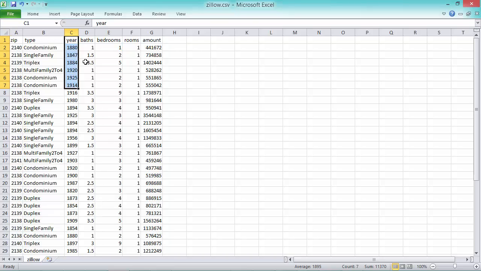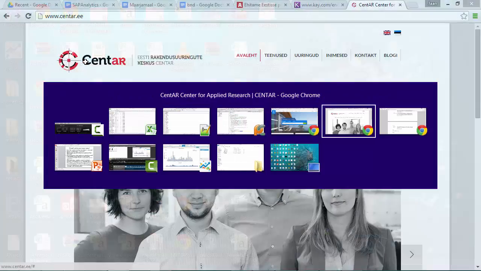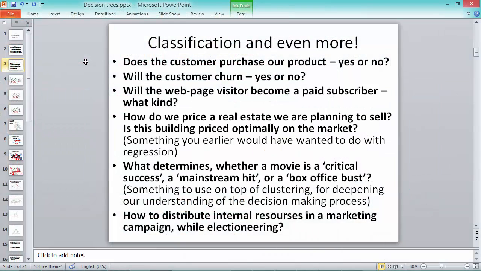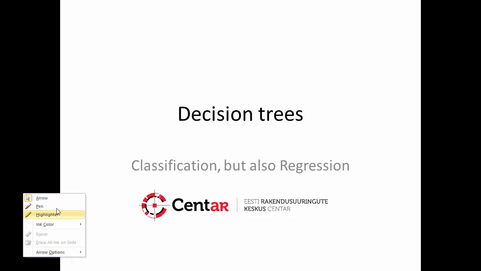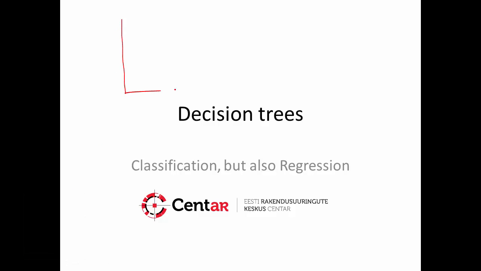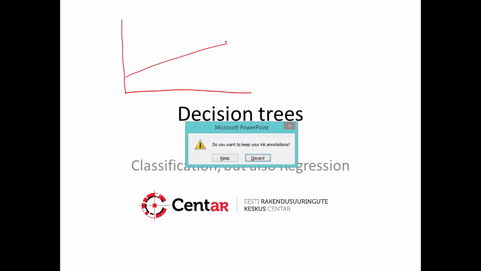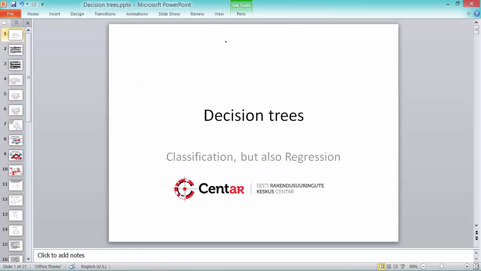So once again, the ordinary way for us would have been to go ahead and just fit the linear regression line for that data. But we are now going to use decision trees.